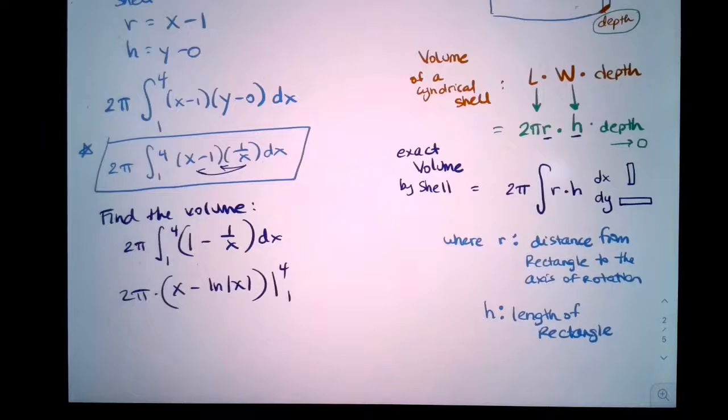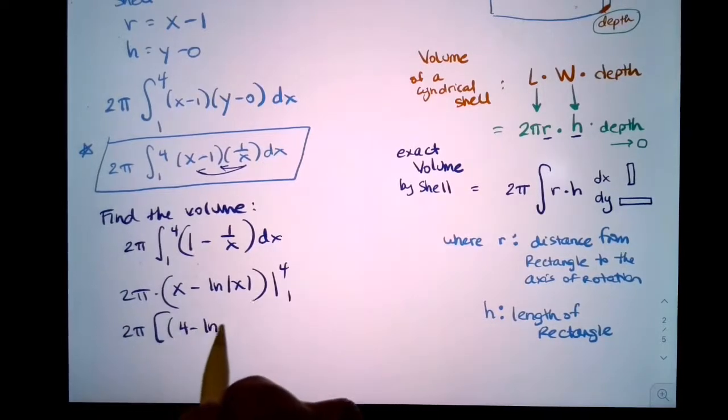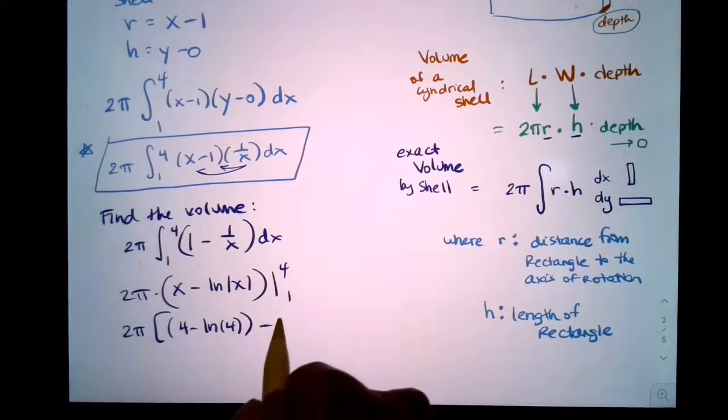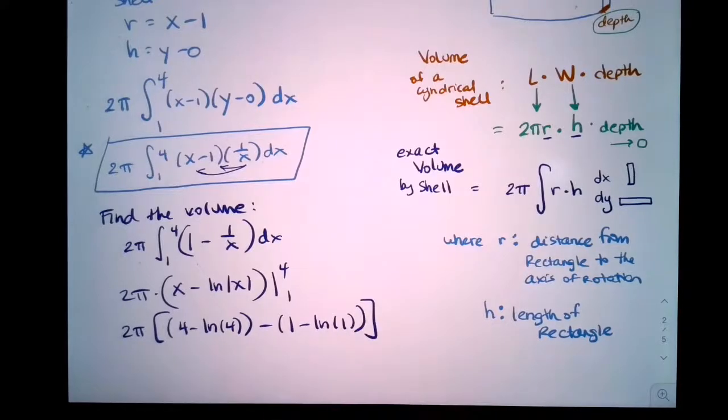And I'm going to work on that fundamental theorem. Now, the absolute value of 4 is just 4. And let's see what we have here. And that's just a 0, so I guess I can write plus 0.